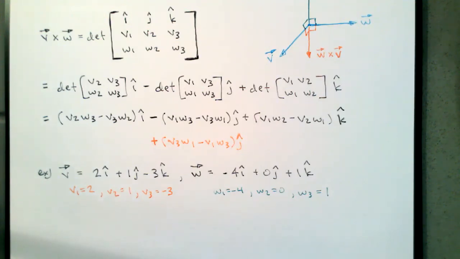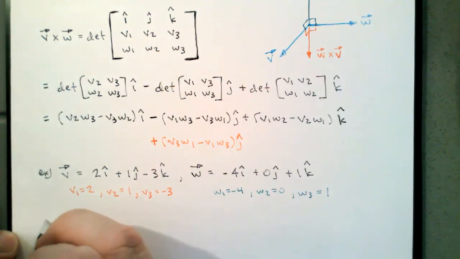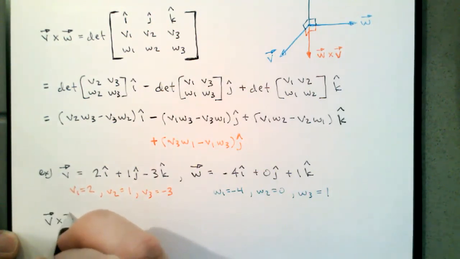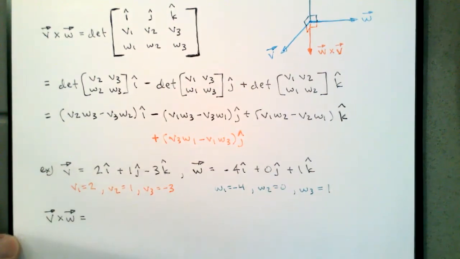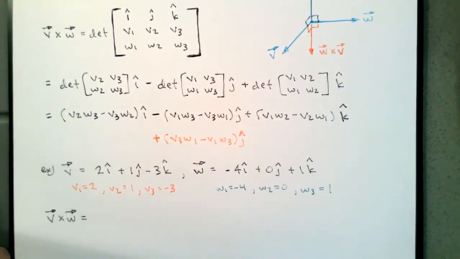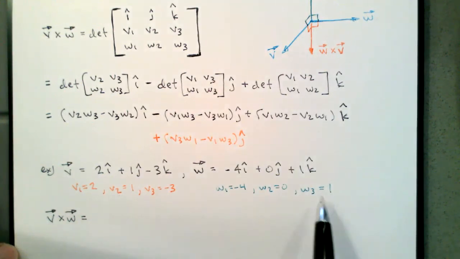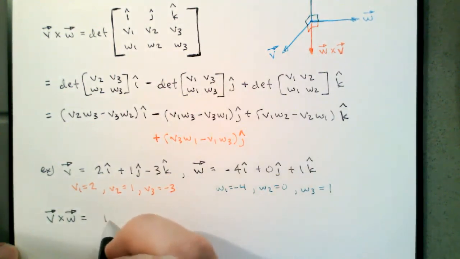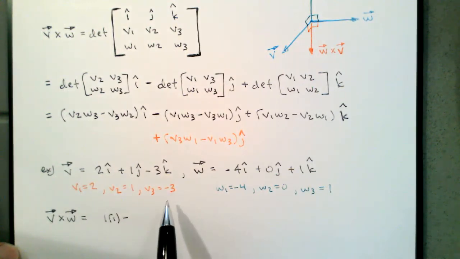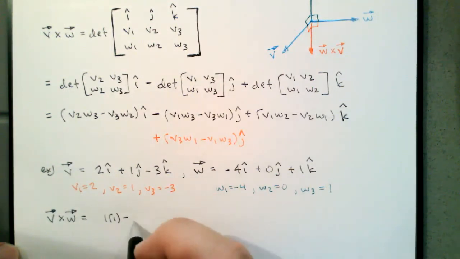And since I want V cross W, I'm going to start off with V. So I want 2, 3, 3, 2 because i is a 1. So that's bad grammar. i is a 1. So V2 W3 minus V3 W2.